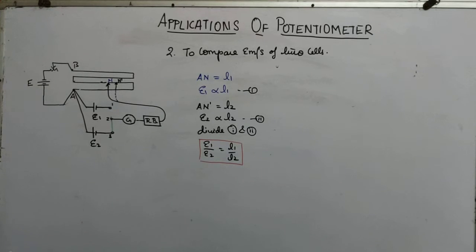Now we come to the third application. The third application of the potentiometer is to find the internal resistance. Now how do we do that?